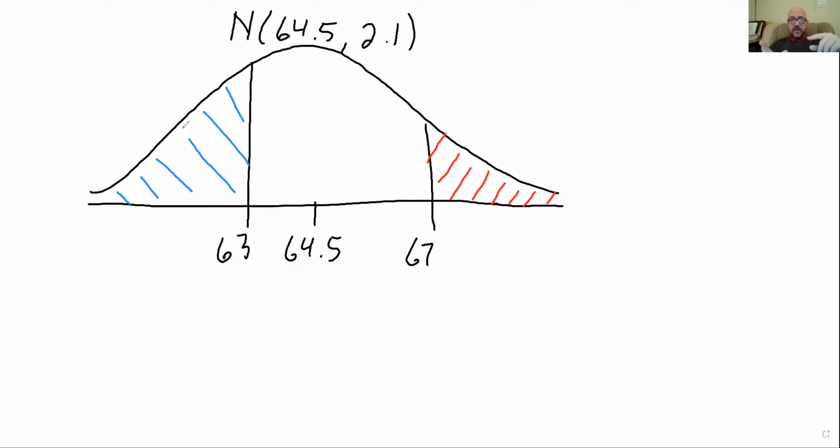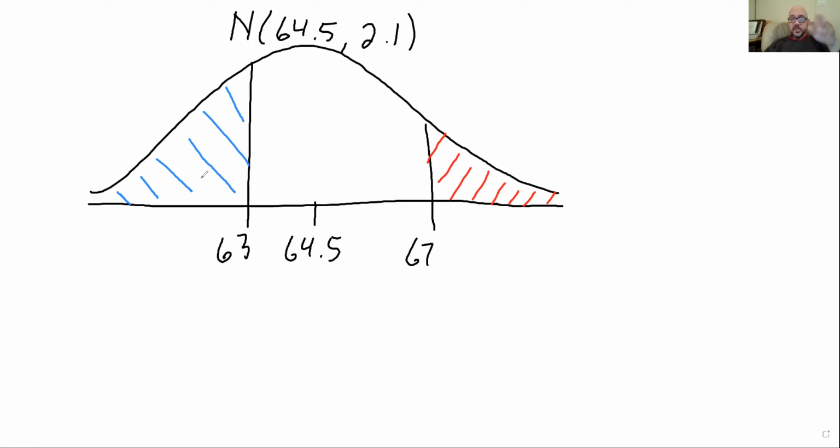However, if I'm thinking of this as the heights of American women, I should probably stop at 0. Certainly you can't have any women shorter than 0 inches. And in fact, from a practical standpoint, you probably can't have somebody much shorter than about 2.5 feet. I'm going to ignore that practical part of it and just go 0 to 63.